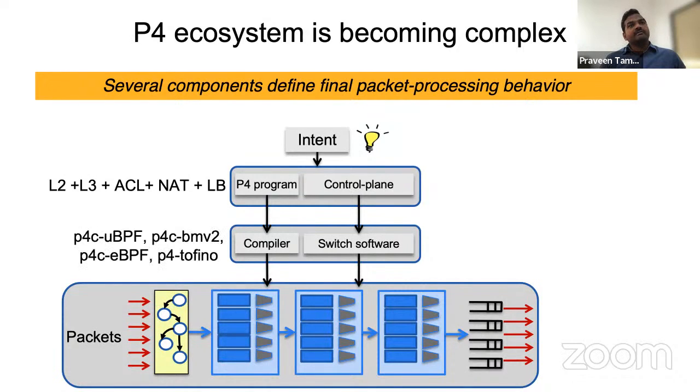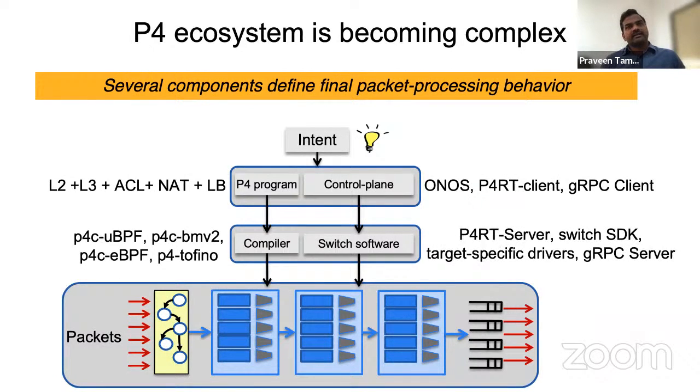There is a compiler that translates this P4 program to resource-constrained hardware or a different software-based pipeline. And you have a control plane that listens to network events and computes or composes flow rules at runtime, and then gives those rules to the switch software that contains the necessary SDK, which takes the instructions from the control plane and programs the data plane with associated flows.